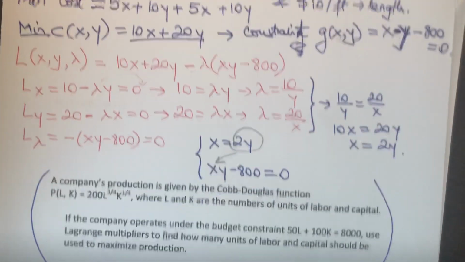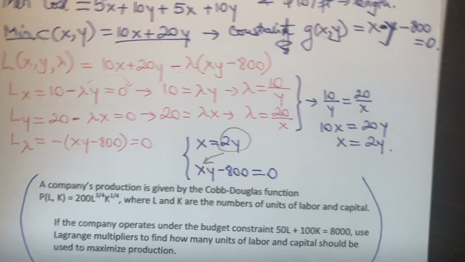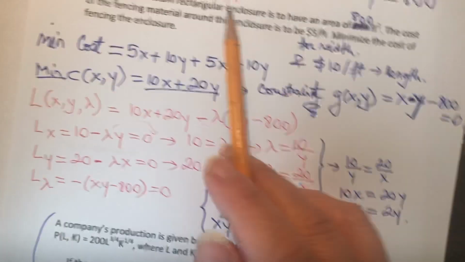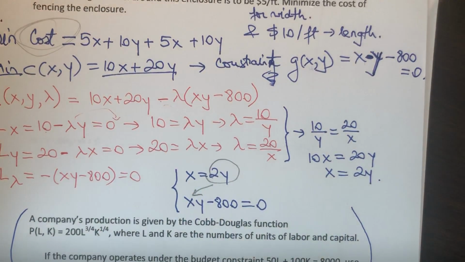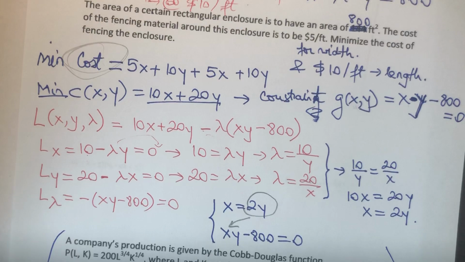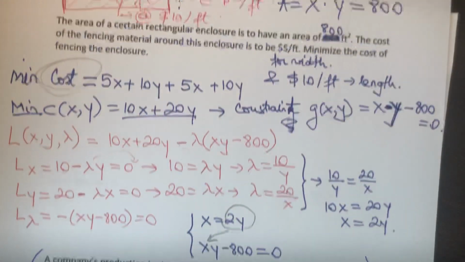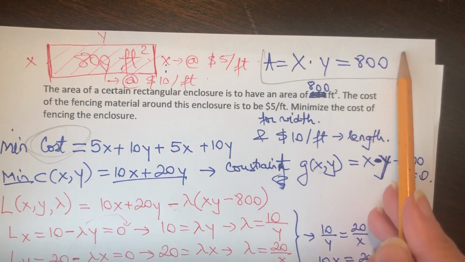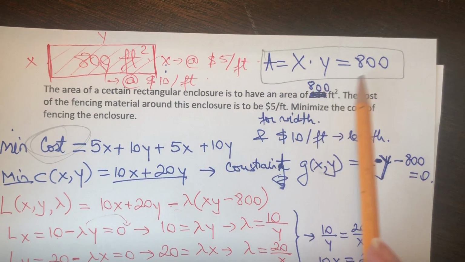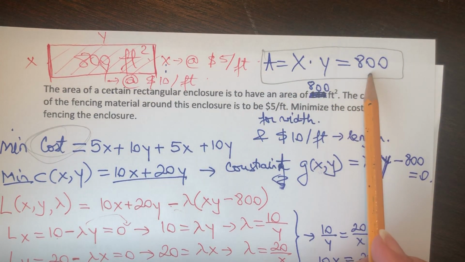For every, what are our objective function units? The objective function is the cost, right? Minimizing the cost of materials. So it's dollars, yes. Extra constrained function units, the constrained function is the condition that was given. The condition that was given is that you have 800 square feet.